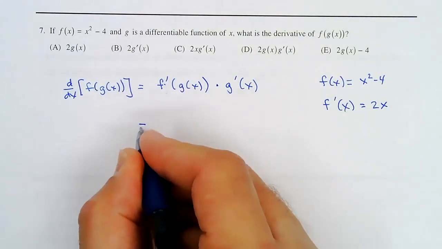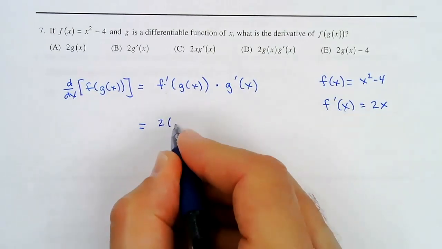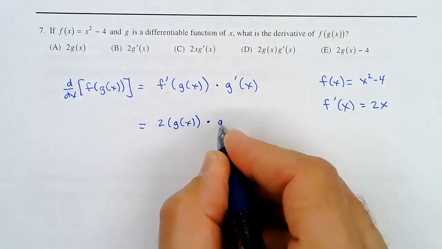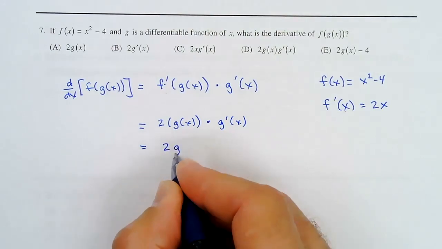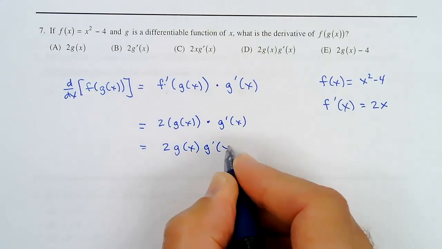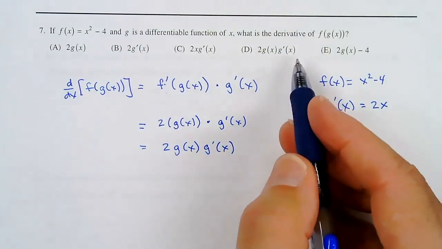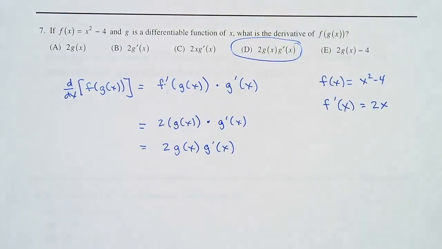So that means this would be equal to 2 times g of x times g prime of x, or 2g of x times g prime of x, like this. And so the only answer that's like that is D. And so that's the correct answer for number 7.